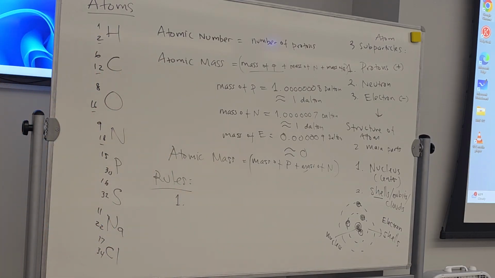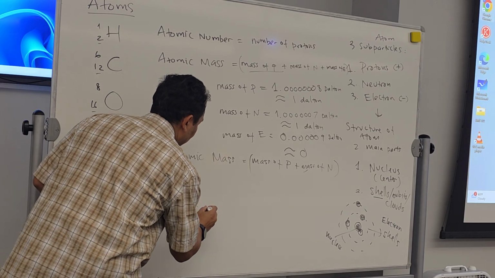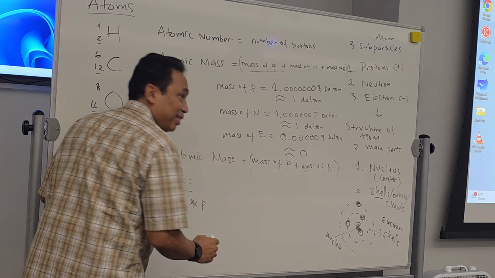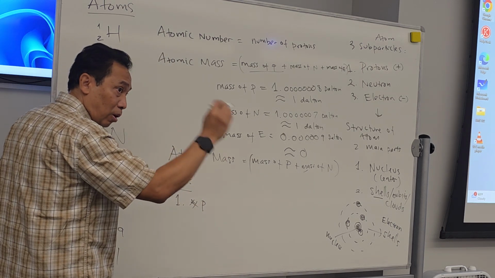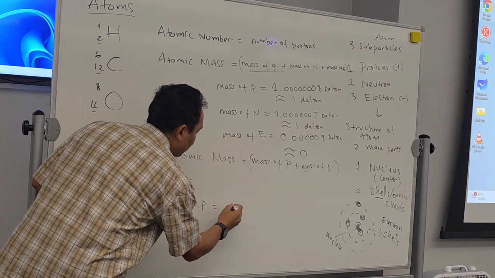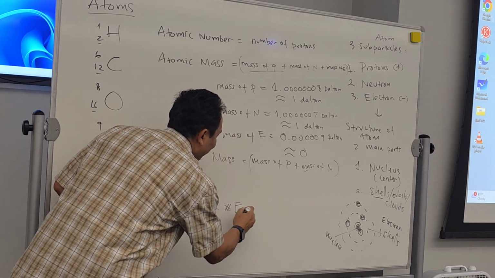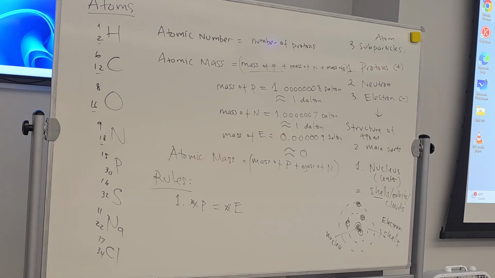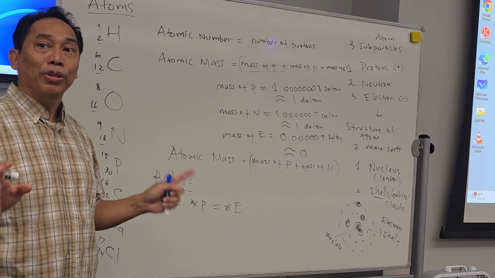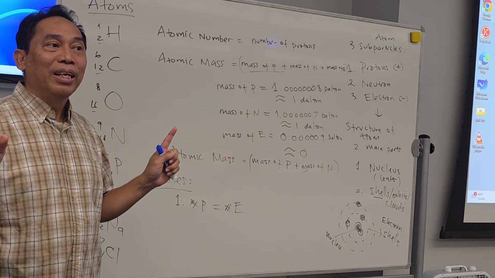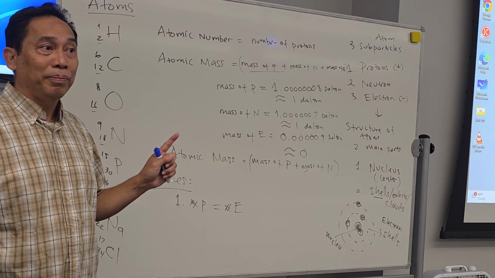The number of protons in one atom will always be equal to the number of electrons. Can you follow this? So this is the rule. In an atom, the number of protons will always equal the number of electrons.